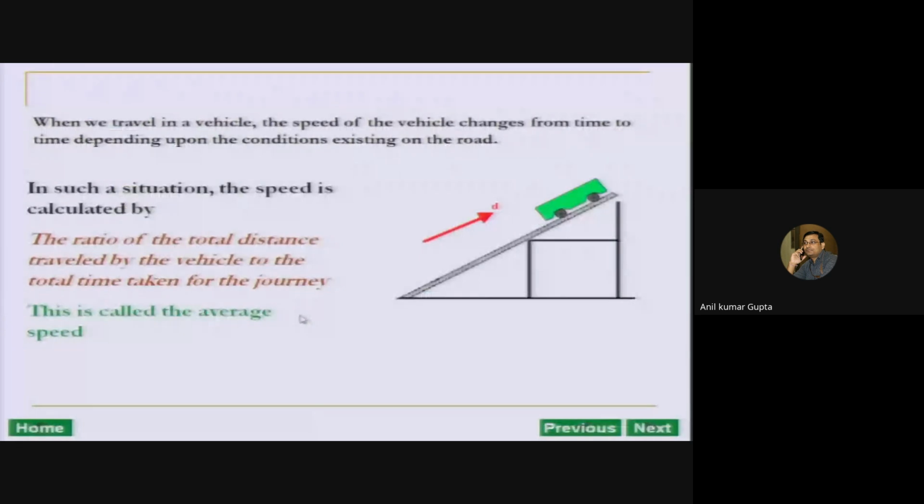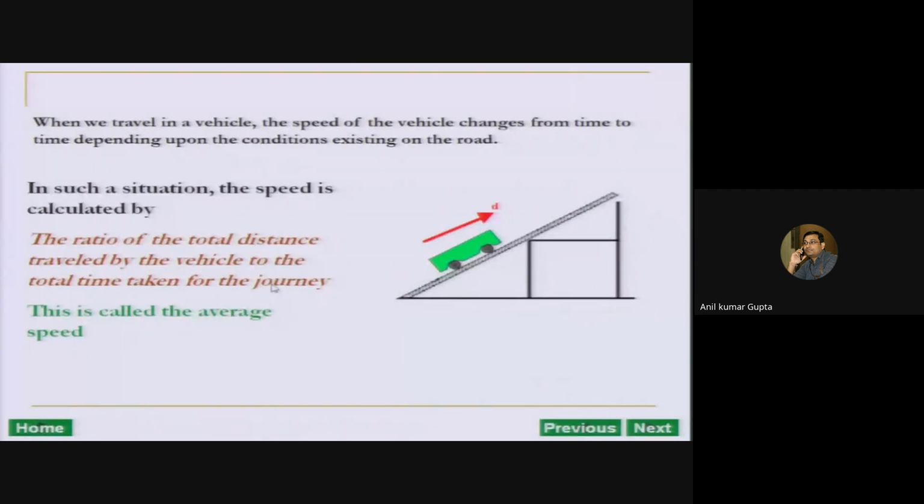When we travel in a vehicle, the speed of the vehicle changes from time to time depending upon the conditions existing on the road. So in such a situation, the speed is calculated by the ratio of the total distance traveled by the vehicle to the total time taken for the journey, and this is called the average speed.